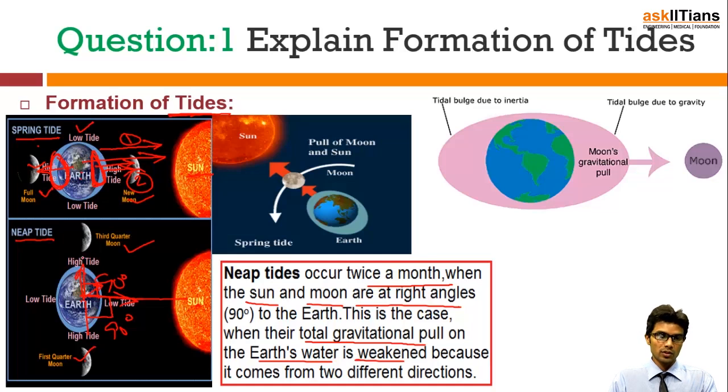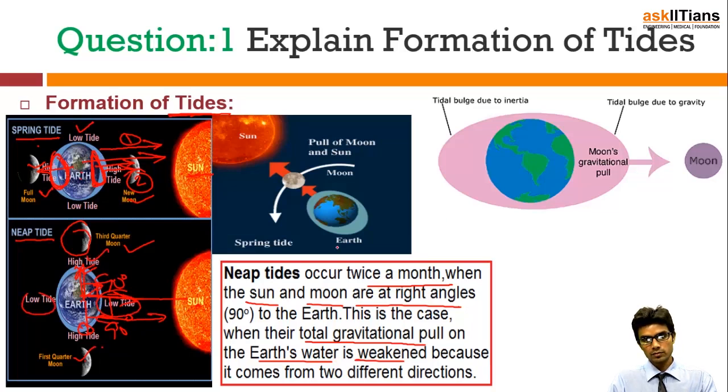Okay, so due to the moon, here is the position of high tide, and also here is the position of high tide. Due to the sun, the distance is higher, so this is the low tide. Due to a smaller distance, this is a high tide.